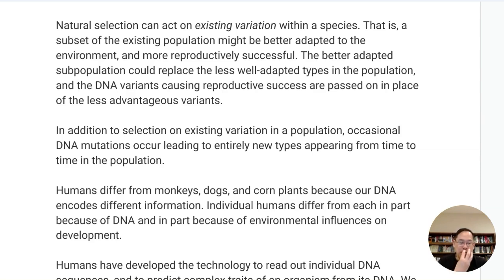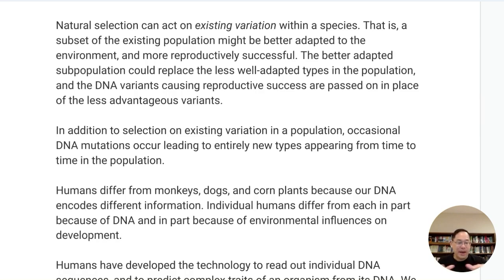And the ones with shorter beaks that are disadvantaged are less likely to transmit the genetic instructions which lead to shorter beaks. So that's an example of selection acting on existing variation within a population.